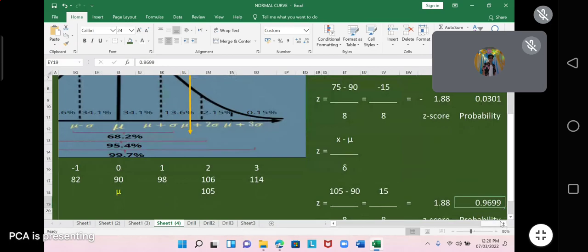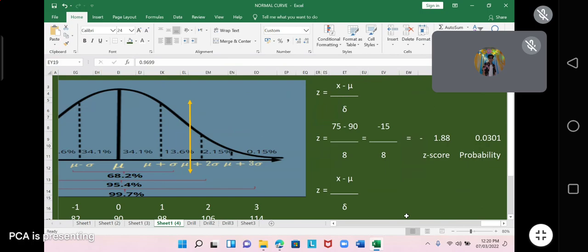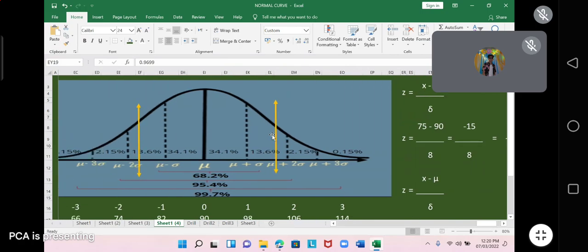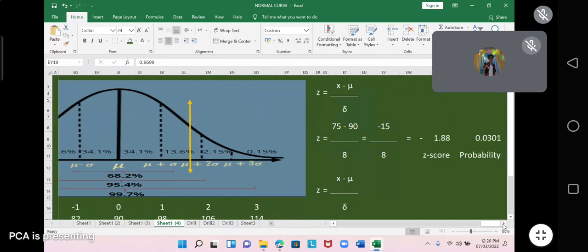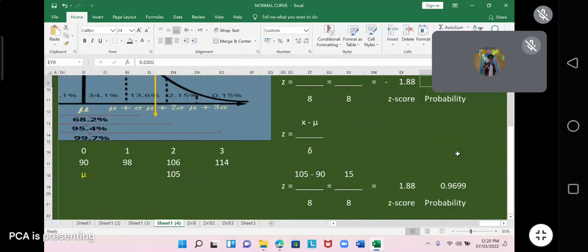This one, no? This is the area. Okay. And then what we're trying to actually show is the area from here to there. So this is excess, no? Okay. But what is this area from here to there? That area, of course, is 0.0301. 3.01 in percent, and this one is a 96 point something, right?